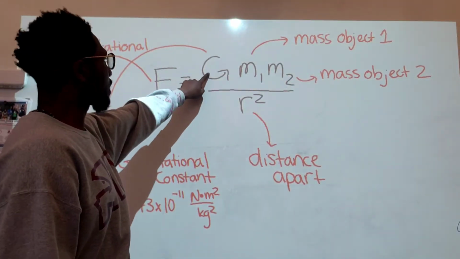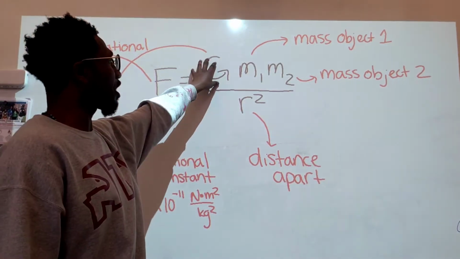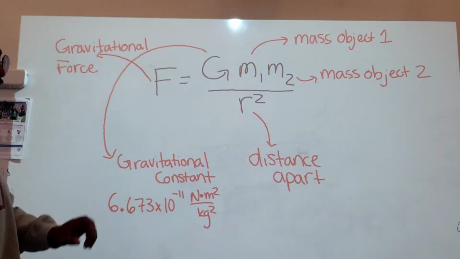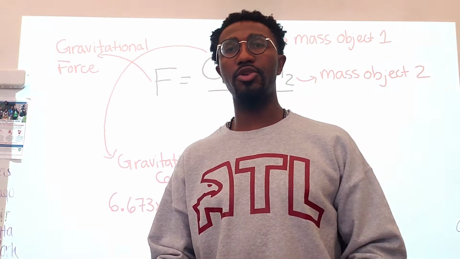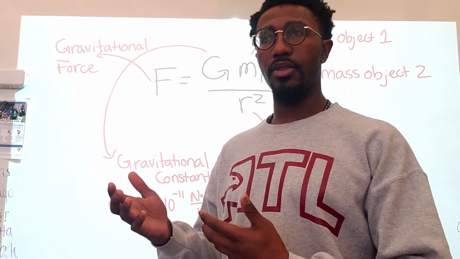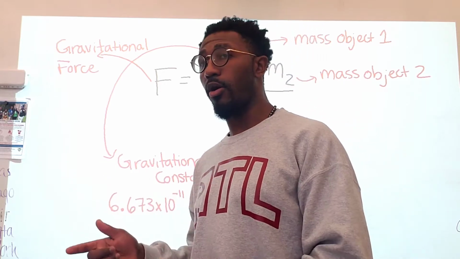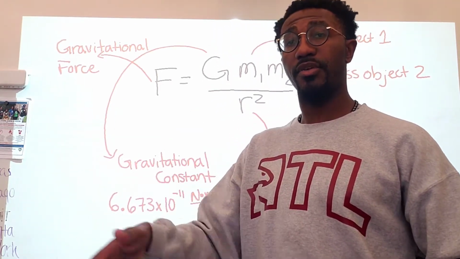Over here, we see the gravitational constant. So this is an uppercase G. All right, the gravitational constant has a very specific number. It's not something that you would calculate in a problem. You're not going to be asked to solve for the gravitational constant. The gravitational constant is always given to you.